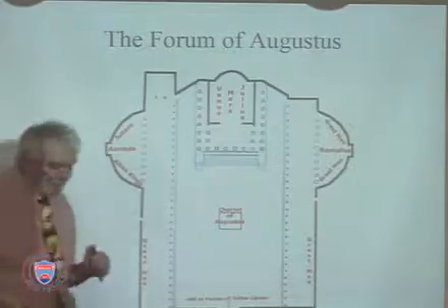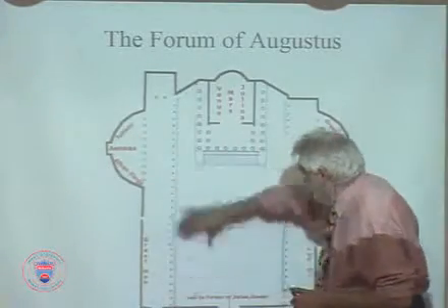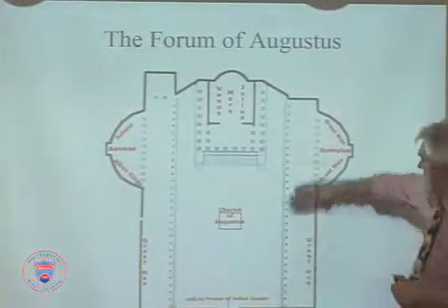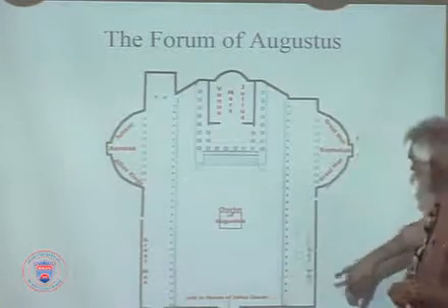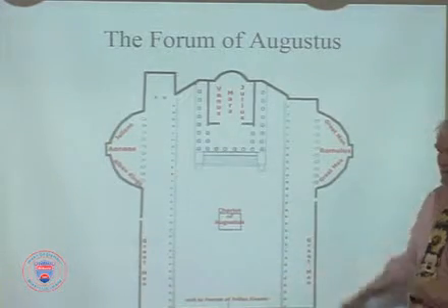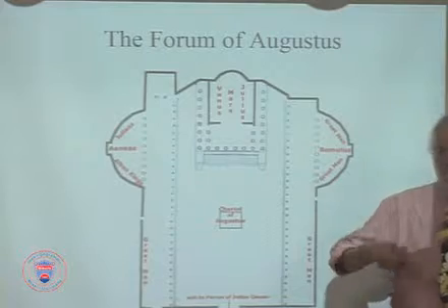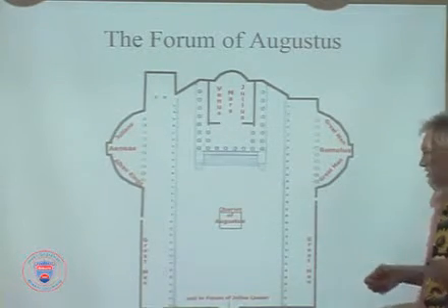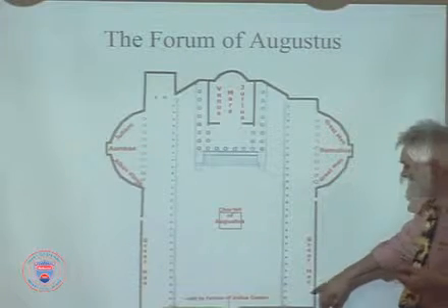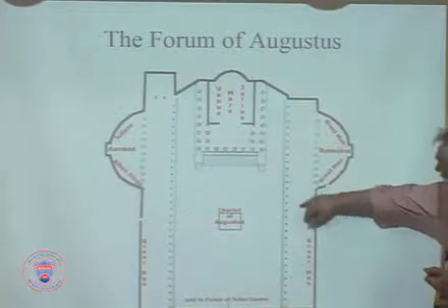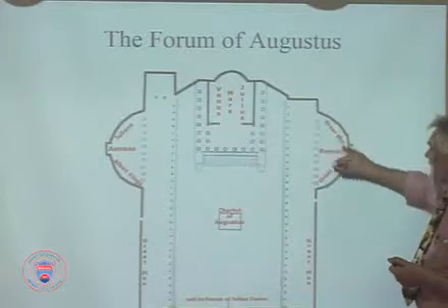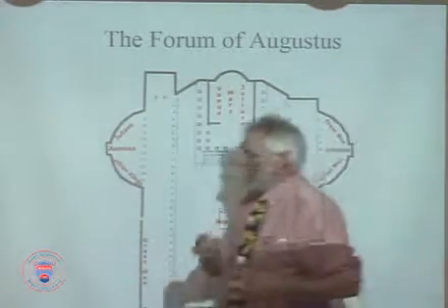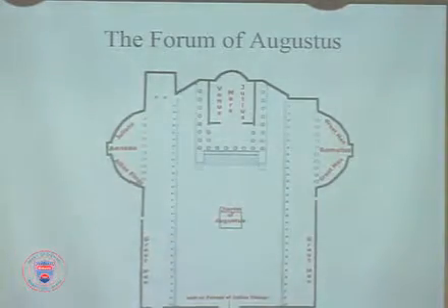Here we have a plan. The open courtyard here, colonnades on either side. Now these colonnades were filled with statues of the great men of Roman history. Fictitious statues, representation to a certain extent. On the one side they led you to this semicircular area here, an exedra.